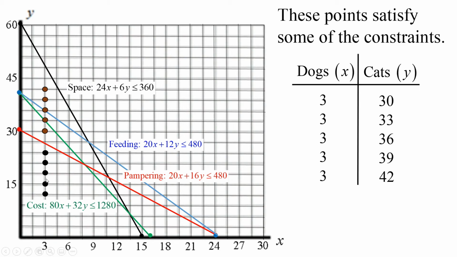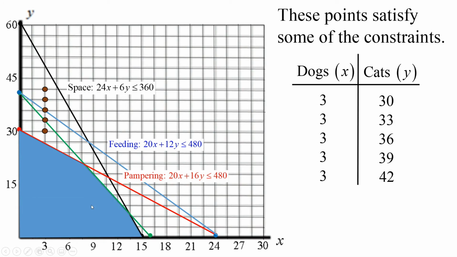So we chose 5 points that are below every boundary line, and that would be these 5 points right here. And that's because those 5 points are in what we call the feasible region. So this shaded region is the feasible region right there, meaning any ordered pair where my number of dogs and my number of cats are whole numbers would work if they were within this feasible region, including these solid boundary lines.